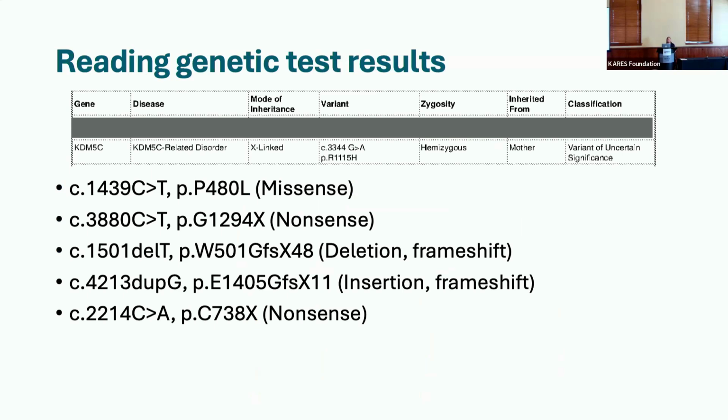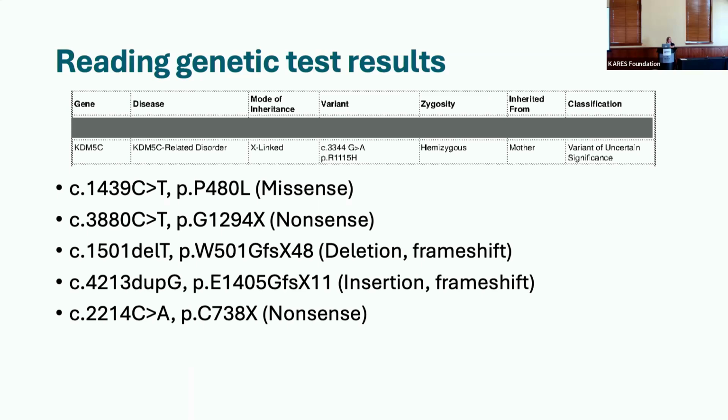For example, if it's an intron variant or a splicing change, I didn't really go over that, but it might say question mark because they can't tell how it affects the protein. Okay, thank you.